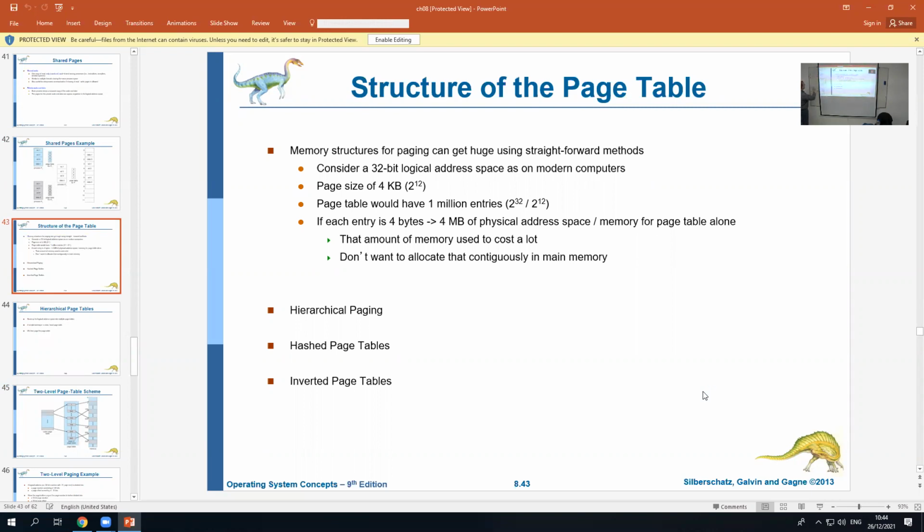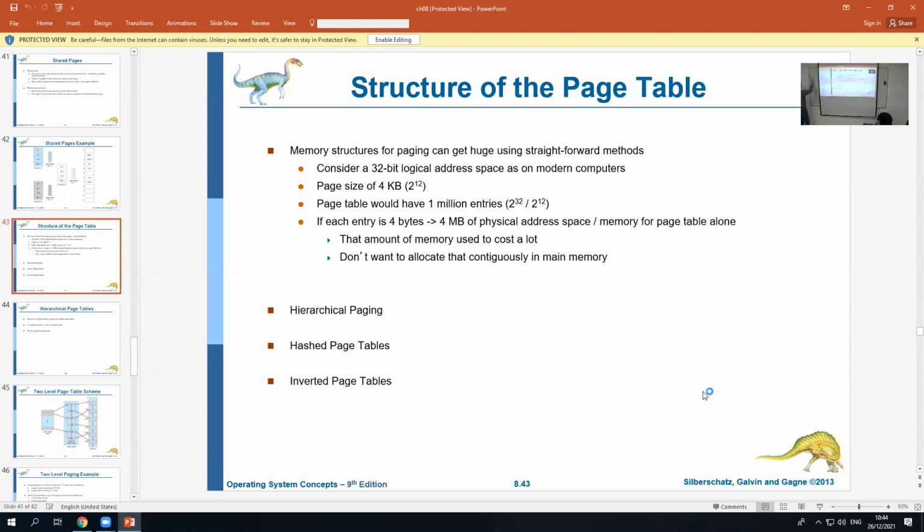This imaginary line is going after 12 bits. This is the offset. The offset inside the page is going to have to be 2 to the 12, so that's 0 to 11, 12 bits for the 4 kilobyte page size. All the rest is the number of pages. So how many pages do we have?